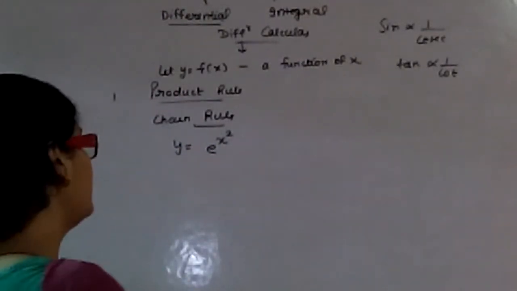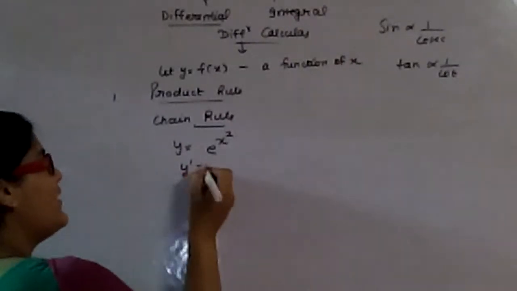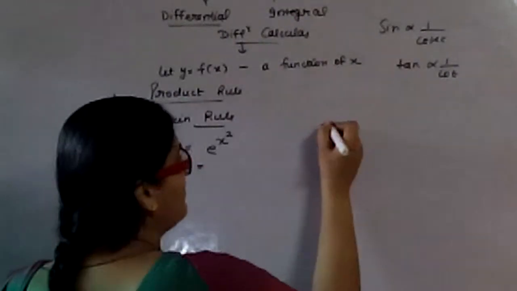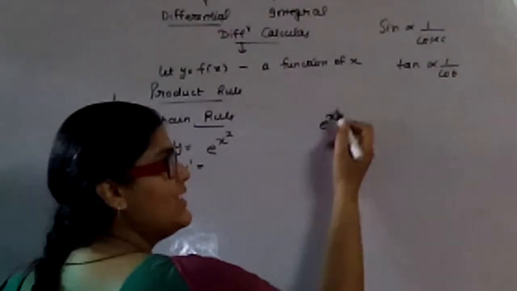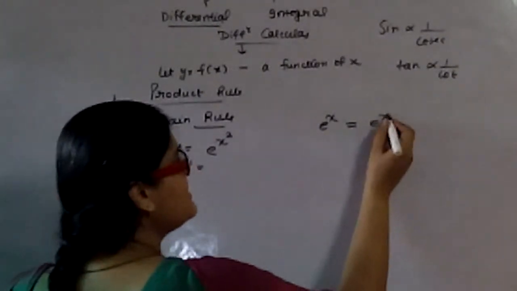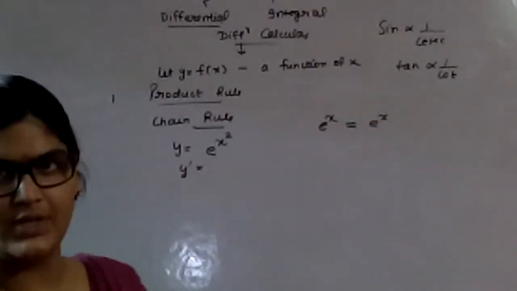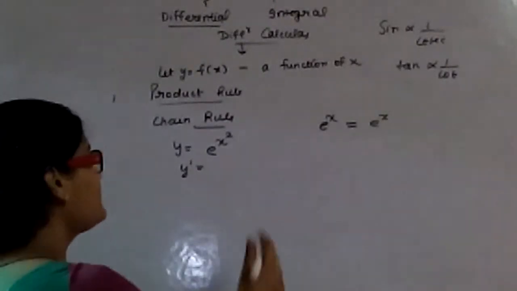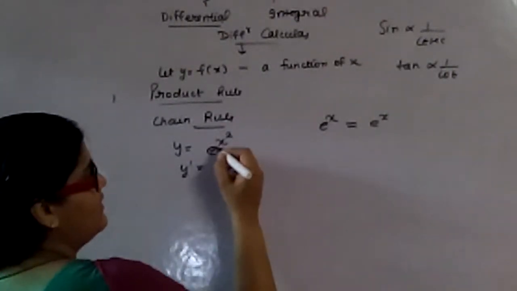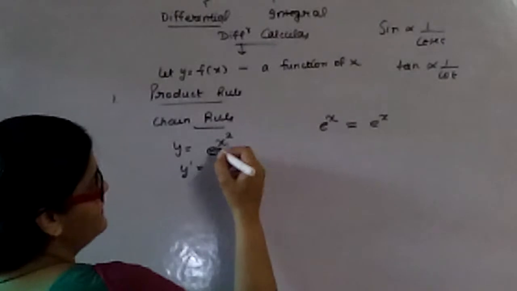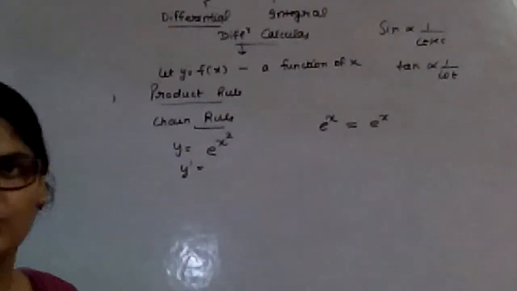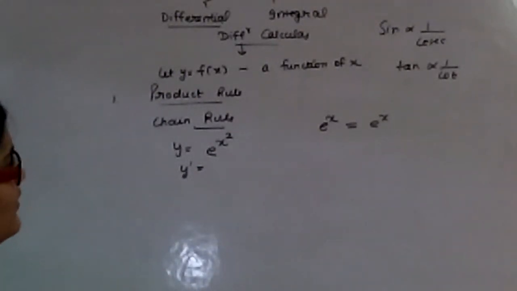Then what we have to do is differentiate with respect to x. We know about the formula. Differentiation of e raised to power x remains e raised to power x. E is exponential here. Okay, but here e has raised to power as x square. So what do we do now?